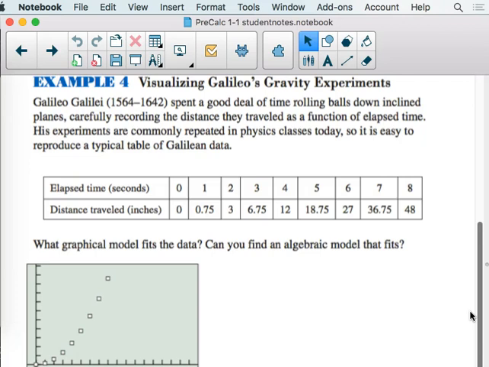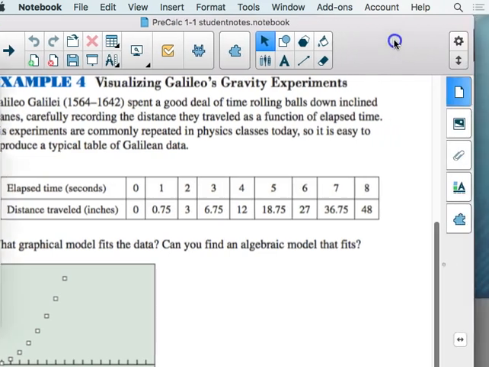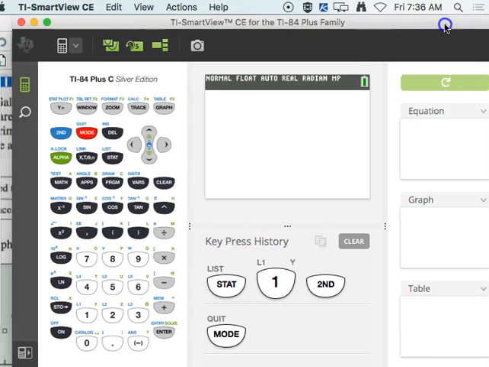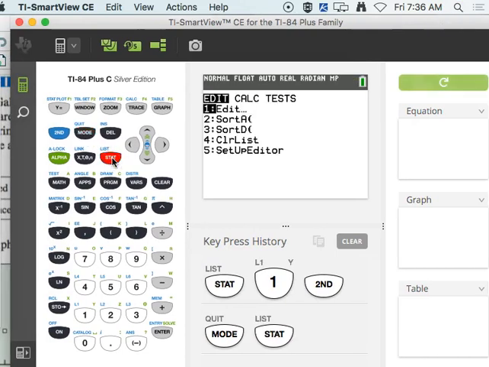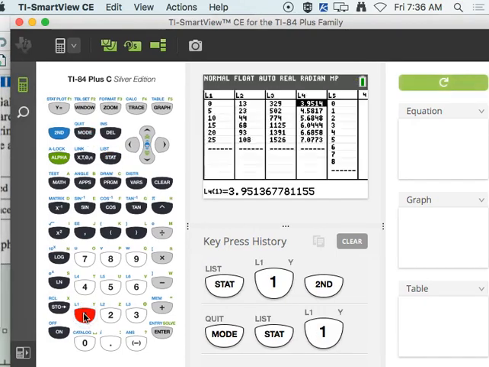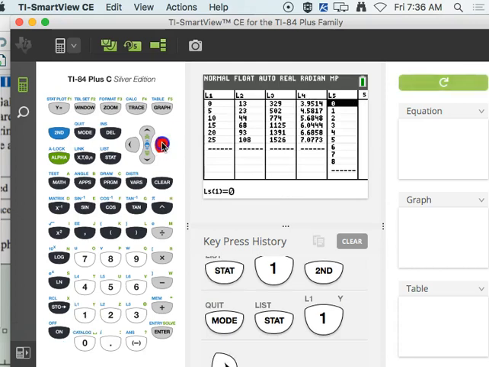We just ran out of time. List 5 and list 6. Anybody need more time? Get those two lists in there for the Galileo.